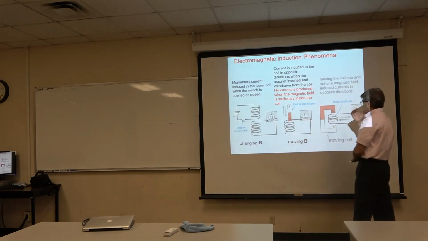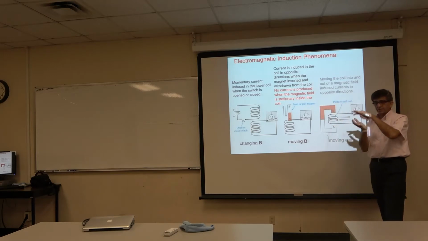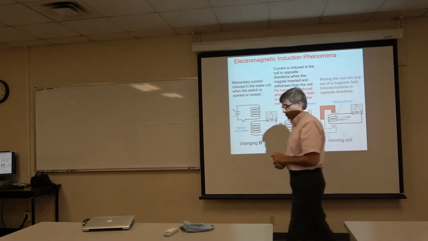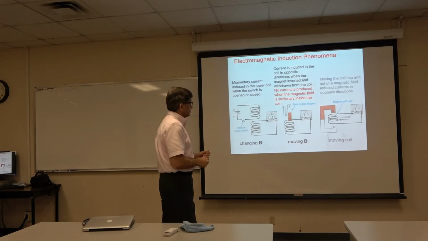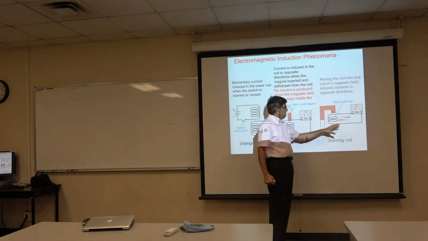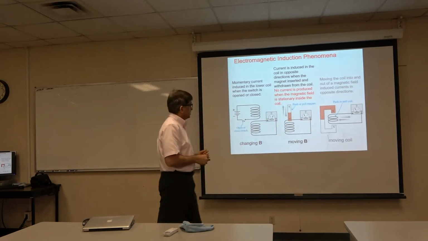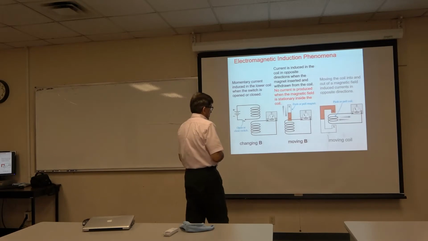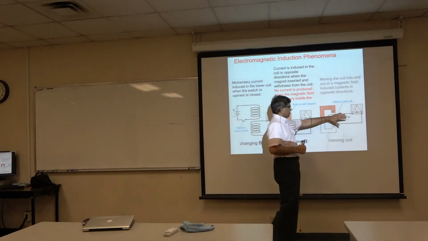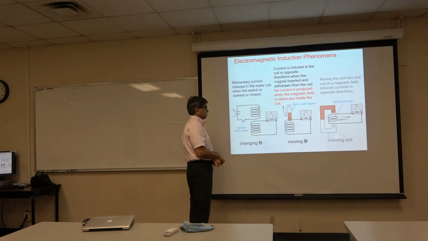The third thing we noticed is that we have a permanent magnet, and we bring a conducting coil which is connected with the galvanometer, with no battery source. If I move the conducting coil, an induced current will be produced in this conducting coil, which can be noticed through the galvanometer.